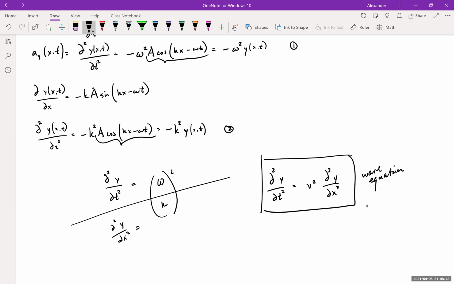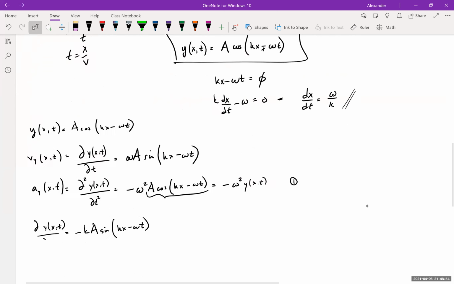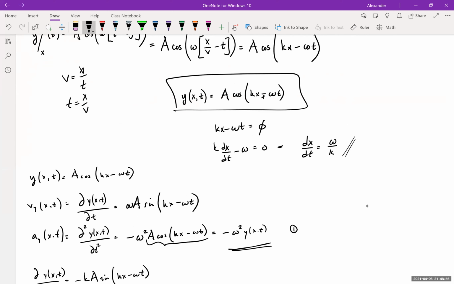We call this the wave equation. It has a lot tied up together with this idea that simple harmonic motion is expressible as an acceleration that is negative proportional to the displacement.